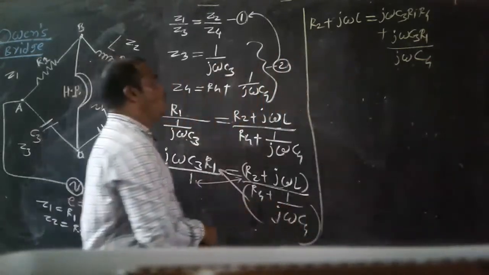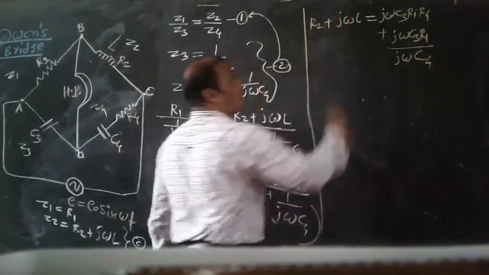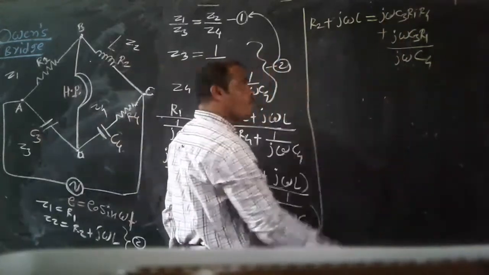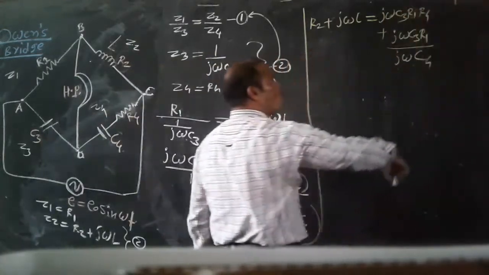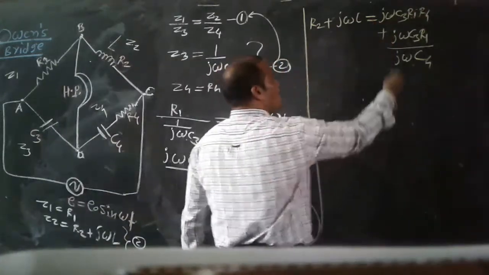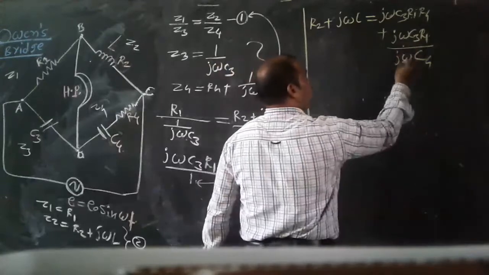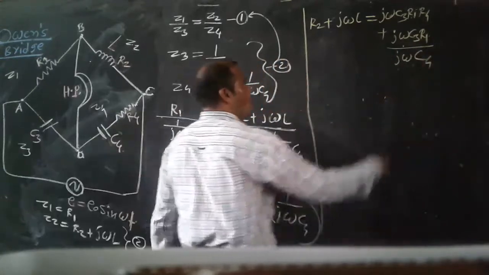So we get R2 plus j omega L equal to j omega C3 R1 R4 plus j omega C3 R1 divided by j omega C4.